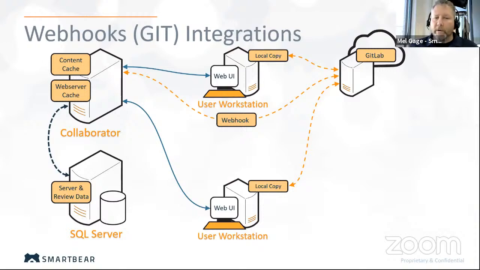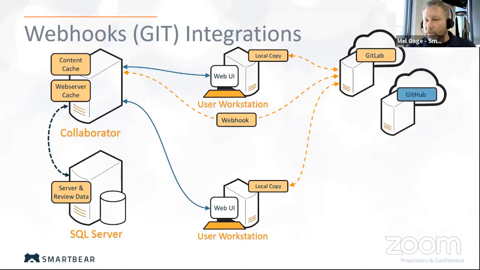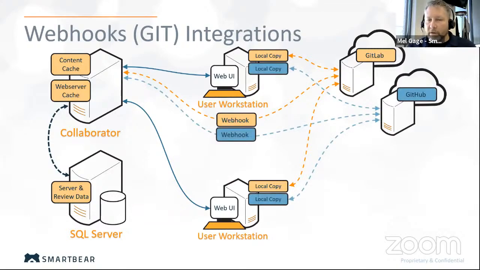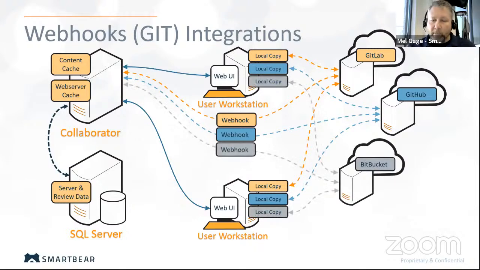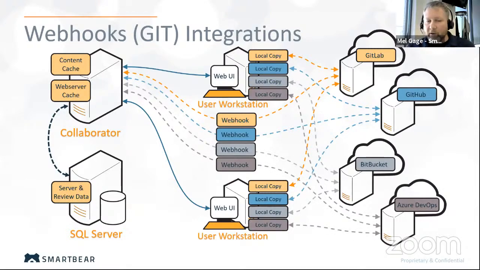Now, Collaborator supports many, many connections, so you can look at different source control tools within your organization. If you're in a large organization, maybe you've got some groups using GitLab, maybe you've got some groups using GitHub. You can tie those all into the same Collaborator server, as with Bitbucket and as with Azure DevOps.